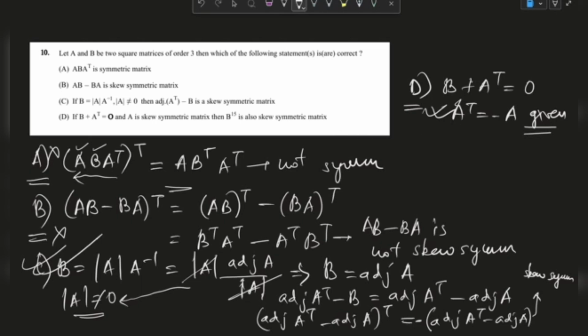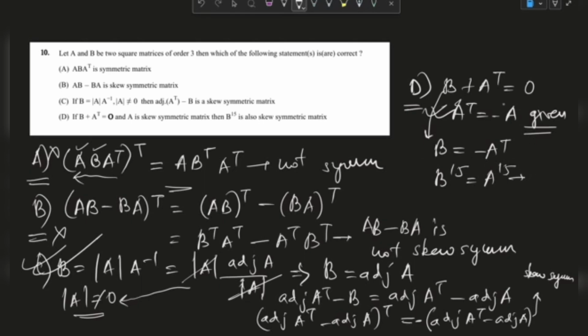So if we write from this part, this is B equal to minus of A transpose, and what we will do is we will basically take B power 15 equal to A power 15. I hope you can understand why. Because basically their mods are same, so B power 15 is A power 15.